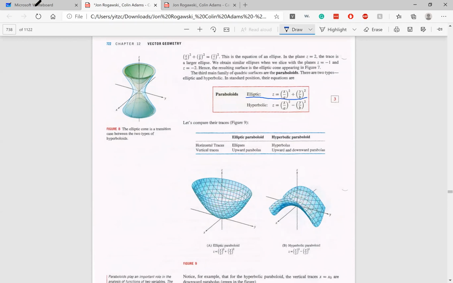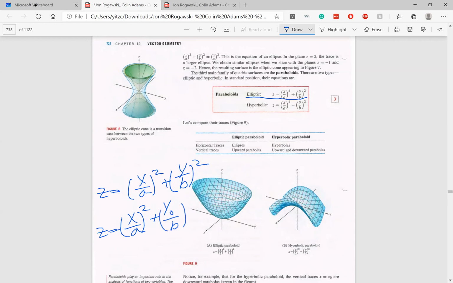And well, if you have z is equal to x over a squared plus y over b squared, and you set the x or the y to constants, let's say you set the y to a constant, then you get z is equal to x over a squared plus y0 over b squared.